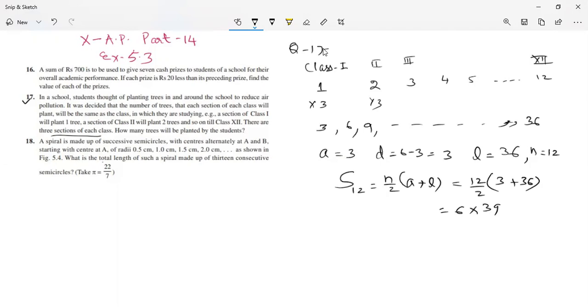So 39 into 6 is 234 trees. Therefore, the total trees planted by these classes is equal to 234.